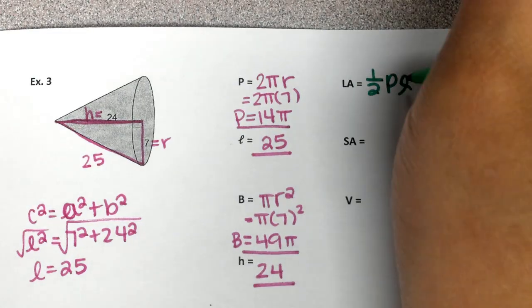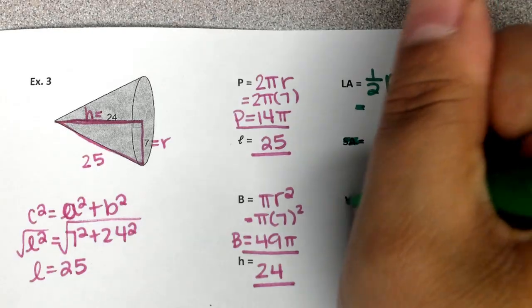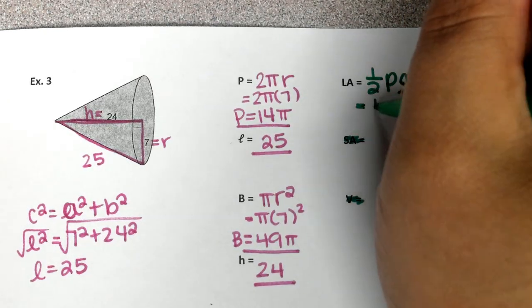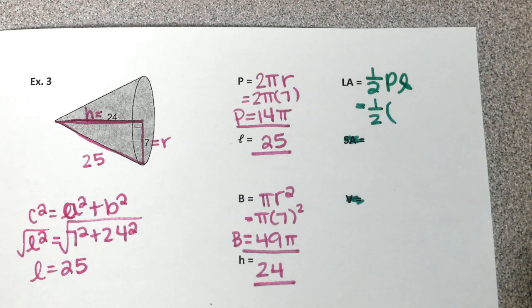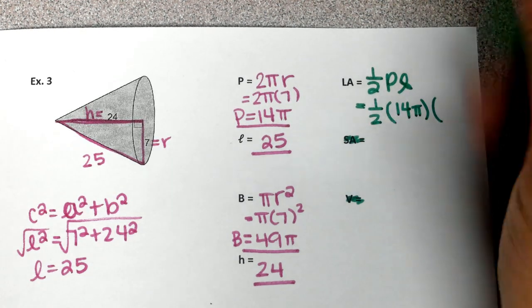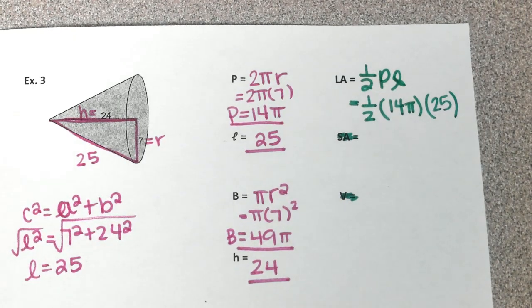Do we know P? Do we know L? I don't like this example. 1/2, what's my perimeter? 14 pi. What's my L? Put that in the calculator without pi. What is 1/2 times 14 times 25?